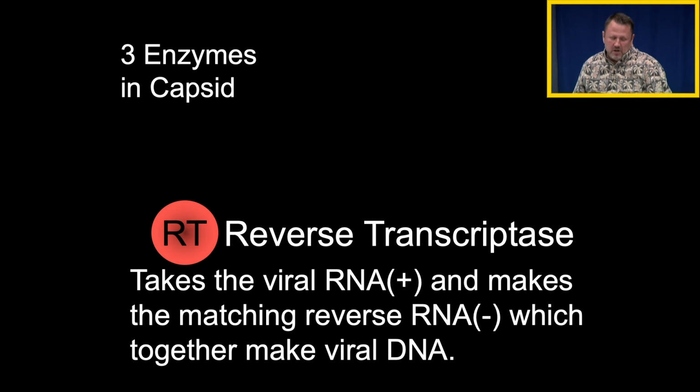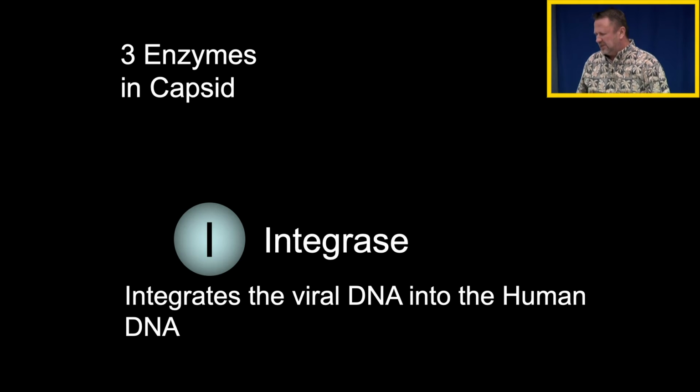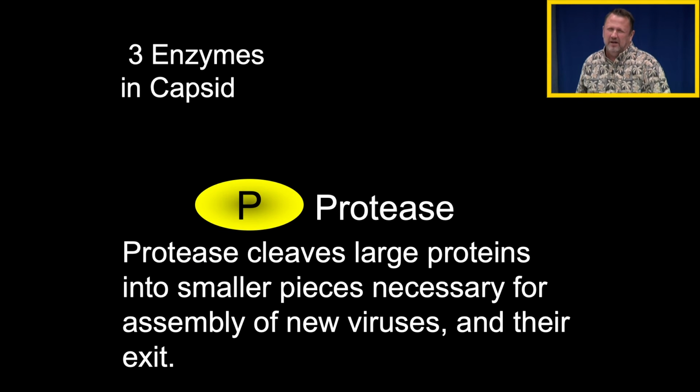All right, so the virus brings with it a couple of copies of positive sense RNA, and the reverse transcriptase will make the negative sense RNA, and then together they'll make viral DNA, and that viral DNA will be integrated into the host cell. So again, integrase will integrate the viral DNA into the human DNA, and then the proteases cleave large proteins.